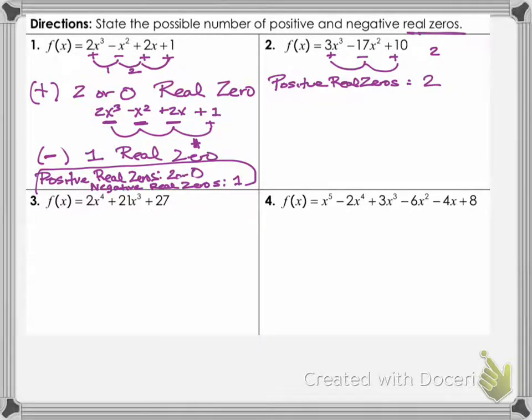Now, when I do the negative, when I stick negative x in here, it would become negative, stay negative, and plus 10 would keep it positive. So this would be no change and 1 change. So 1. So negative real zeros, 1.